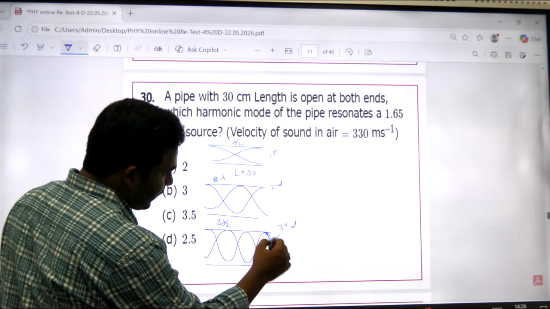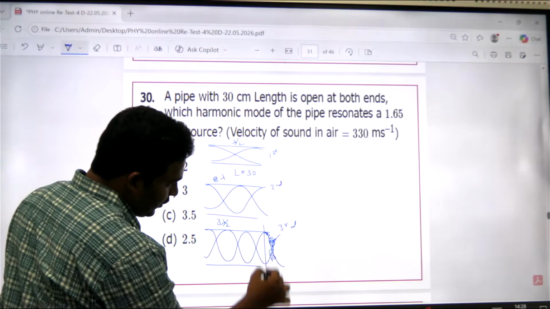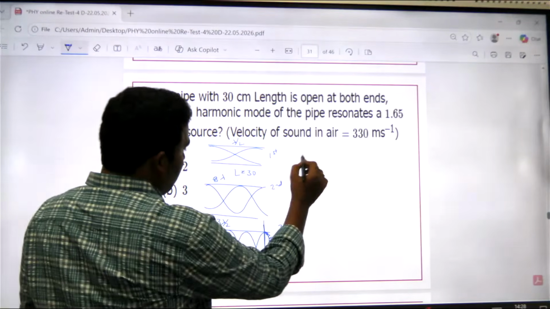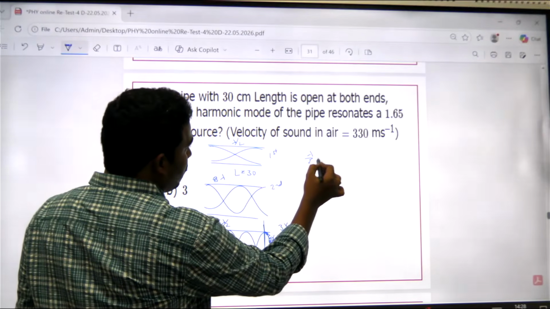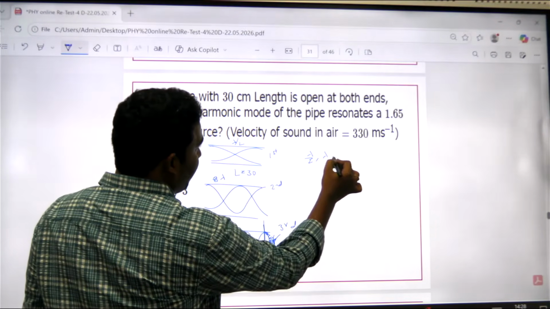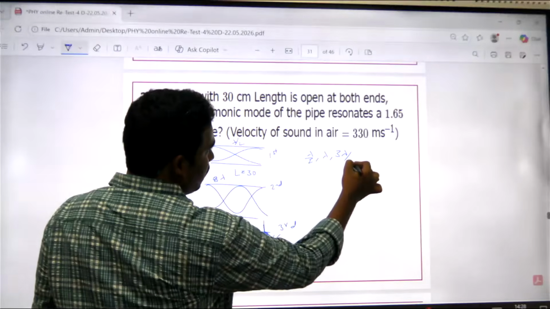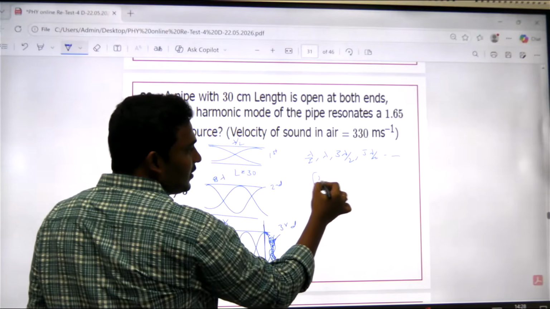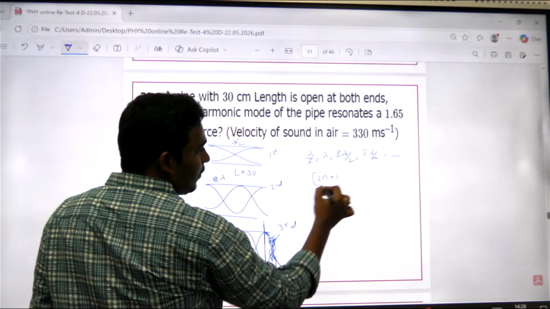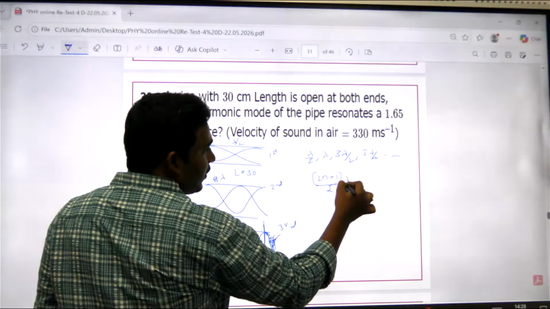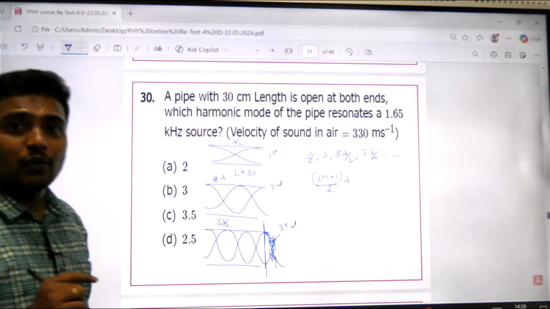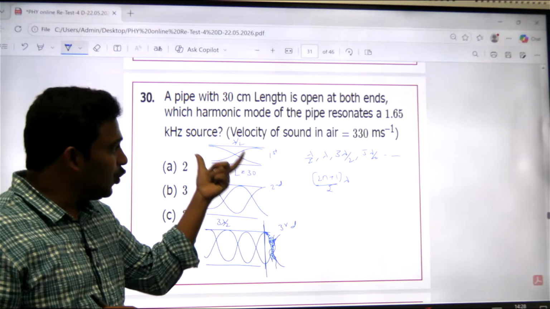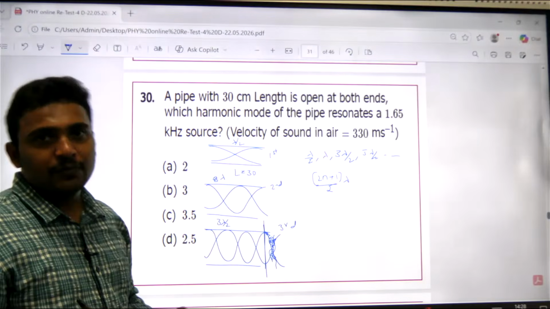This is only up to this point, not this point, so it is 3 lambda by 2. So your wavelengths are lambda by 2, lambda, 3 lambda by 2, and 5 lambda by 2, and so on. So can I simply write it as (2n plus 1) by 2 into lambda is the wavelength of the resonant wave. If the tube is in resonance, this will be the wavelength produced.